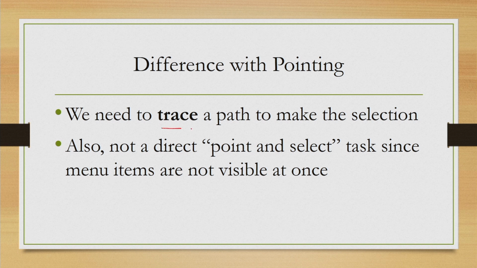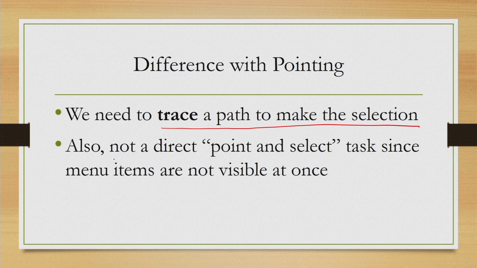There is also another difference, that is, when we are talking of selecting a menu item, it is not that the item is already visible. In fact, during our navigation, the item becomes visible, as you probably have experienced during selection of a menu item from any drop down menu list. So, it is not that all the menu items are visible at once.